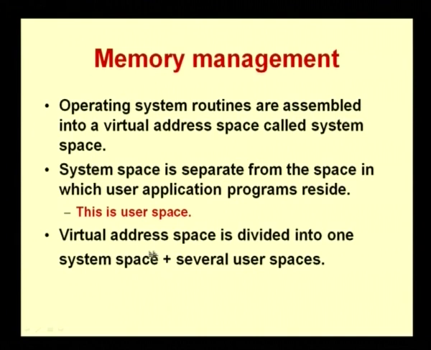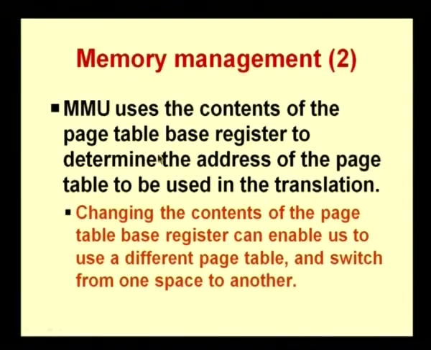And your entire virtual address space can be looked at as one system space which will be used by the operating system plus several user spaces, that is, several users can share the rest of the space that is available. Now, the way the operating system will allow multiple user spaces to coexist is in the following manner. What the MMU will do, as we have seen, is use the page table base register to determine the address of the page table that is to be used in the translation.